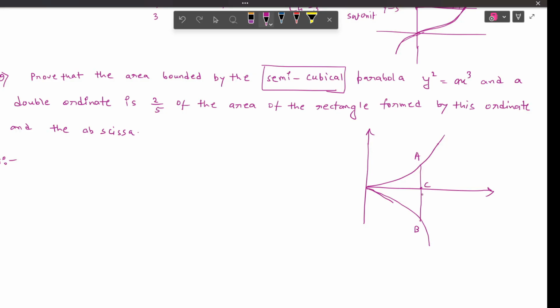Let us say this is the point C and this is b comma 0. So let x equals to b be a double ordinate AB drawn at the point C, b comma 0.